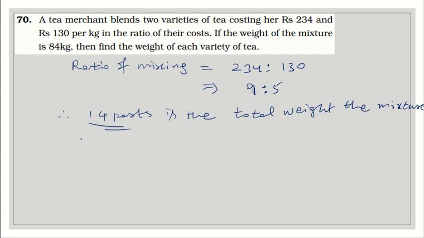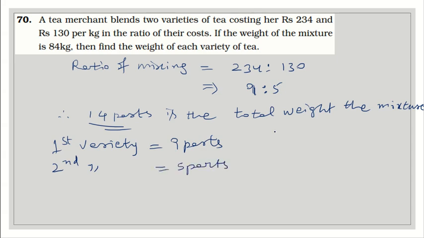That means here the first variety is of 9 parts, you know, and the second variety is of 5 parts, okay, whereas the total 14 parts is equal to 84 kg.